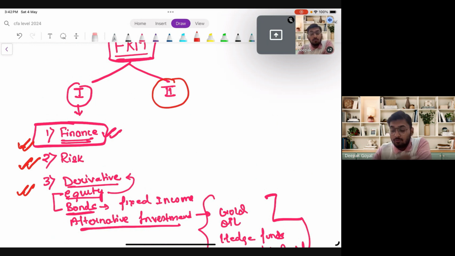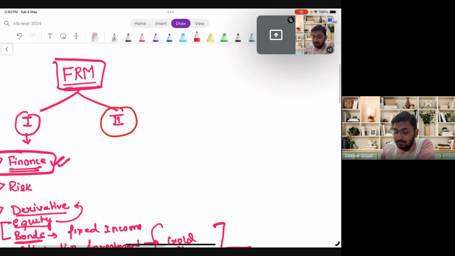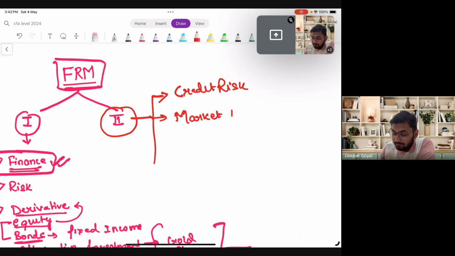In part 2, what will you see? You will see in-depth risk management, meaning credit risk, market risk, the third one is operational risk.